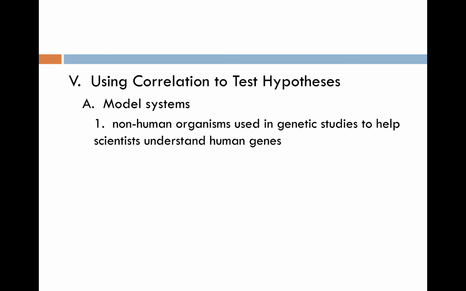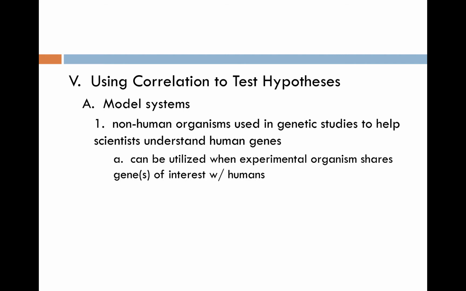That's where you have a non-human organism used in genetic studies to help scientists understand human genes. This can be utilized when your experimental organism shares a gene or genes, multiple genes of interest, with the human. So those genes need to be shared.